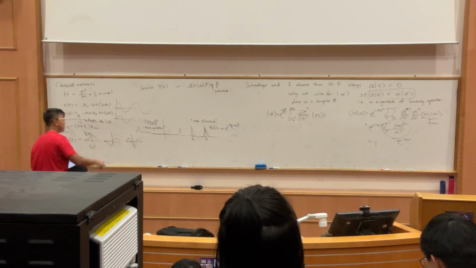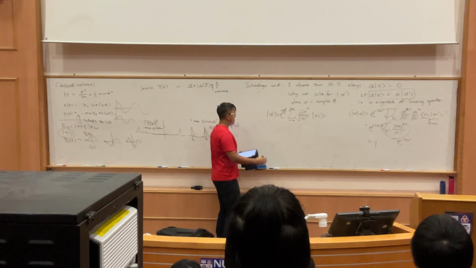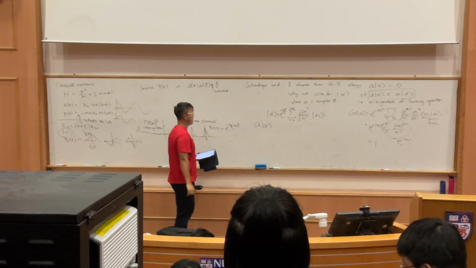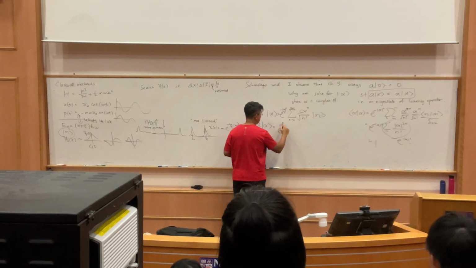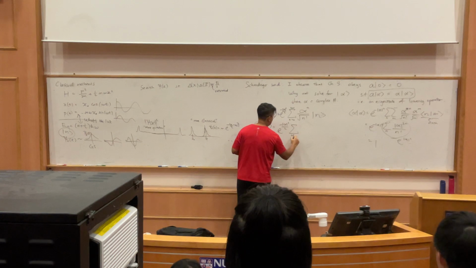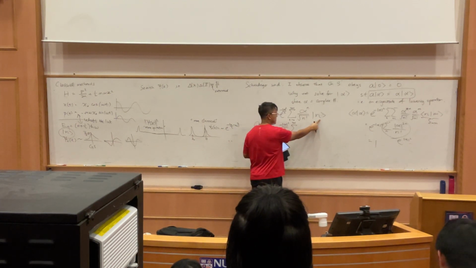Okay, now let's check that it is an eigenstate of A. So let's apply A onto alpha. Okay, so let's keep the normalization constant, and then the only thing it does is lower n to n minus 1.